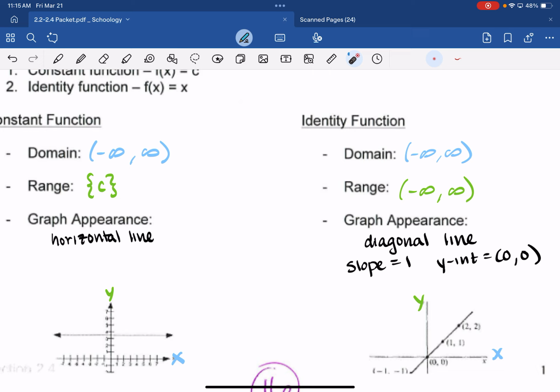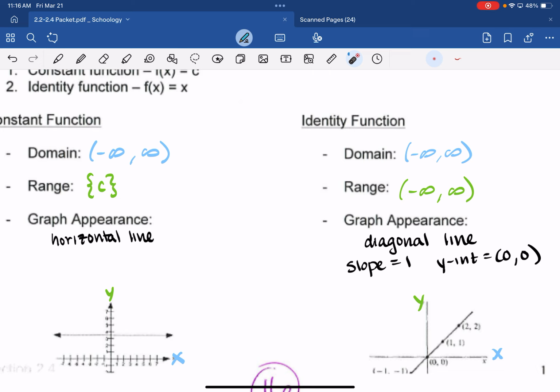The identity function, you guys have probably seen it a bunch of times. We've just never named it. My domain and range are both negative infinity to infinity because I'm going both directions forever and ever. The graph appearance, diagonal line.